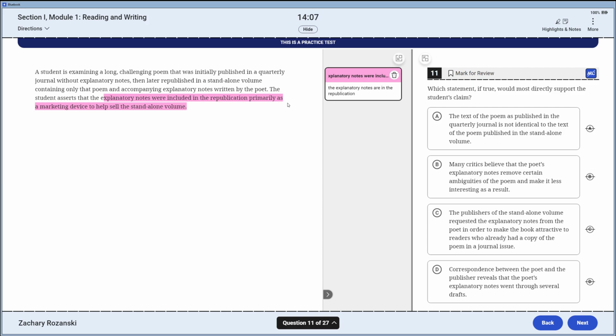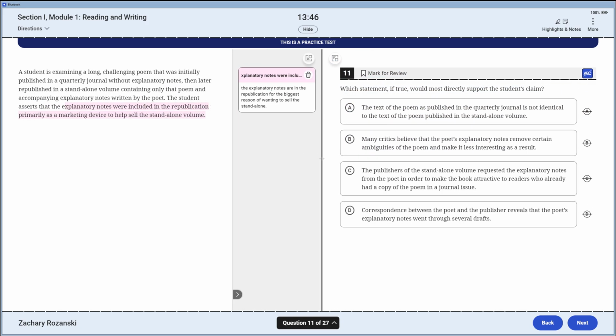Because. Primarily. The explanatory notes, for the biggest reason of wanting to sell the standalone. The explanatories were included in the reproduction. I don't know if I know the difference between the standalone and the republication, but I'm going to start engaging.